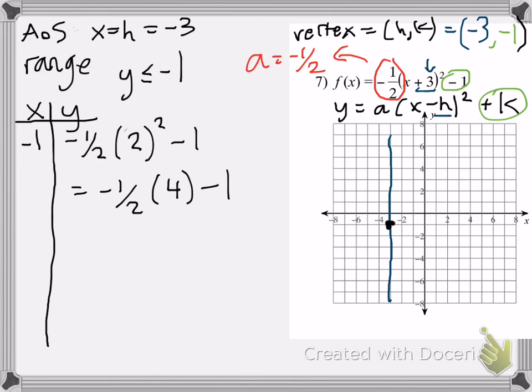And look how much better this has made my life, because now I have 4 divided by 2, right? -1/2 times 4 is going to be -2 and then minus 1. So I got that fraction to disappear because what I had in here was an even number. So then this is going to be -3. So when x is -1, y is -3. Let's put that point on our graph.